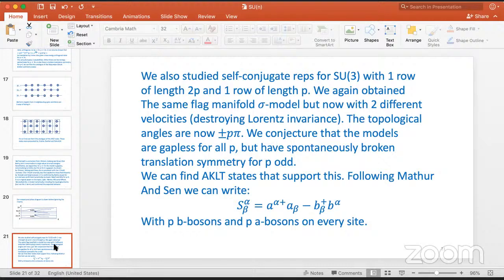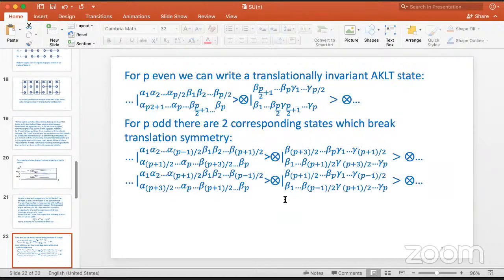Following Mathur and Sen, we can write S alpha beta in terms of 2 bosons, A dagger alpha A beta minus B dagger beta B alpha, with p A bosons and p B bosons on every site. So for p even, we can write a translationally invariant AKLT state. So this is the state. These are 2 neighboring sites.